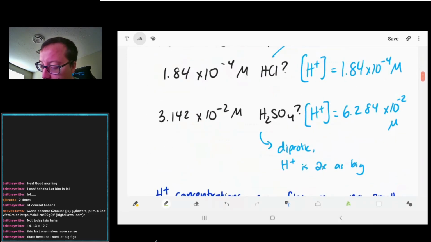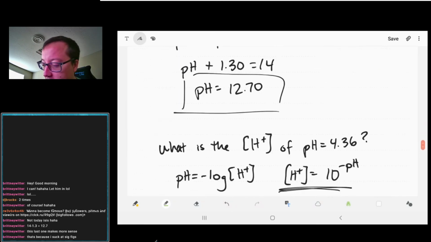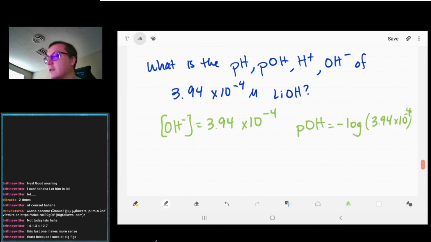No. Tablet is being naughty today, huh? 3.94 times 10 to the negative fourth. Which is going to be equal to 3.4045. Remembering that our sig figs there, we have 3 of them.